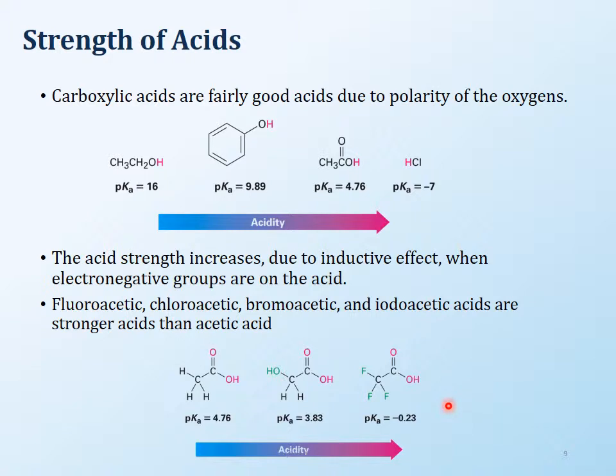A lot of times in organic chemistry labs, if we don't want to use a mineral acid, because all mineral acids are made in water, you end up using trifluoroacetic acid because it's a fairly strong acid. So this is how the inductive effect also affects the acidity of carboxylic acids.